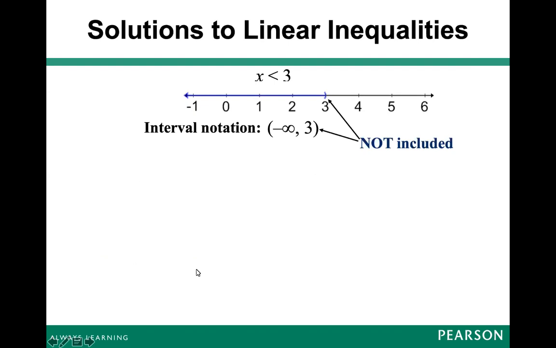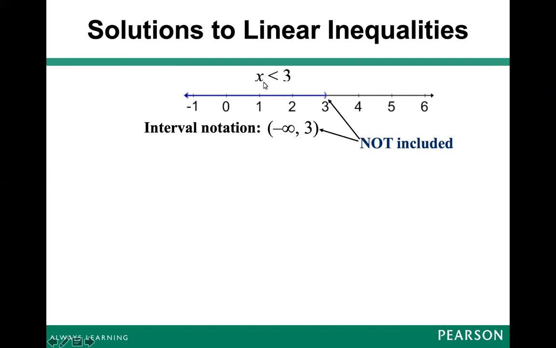Another way to represent the solution set of an inequality is with what's called interval notation. The advantage of interval notation is that it contains all the same information that you get from the graph, and it's a little easier to write. It just takes a little bit of practice, understanding how to write it and also understanding how to read it.